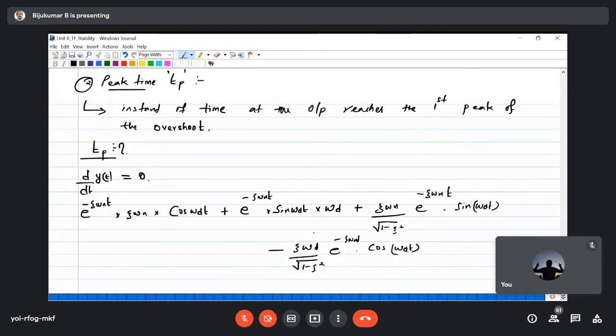So now here one term will come, right? The square will come, right? This is equal to 0.